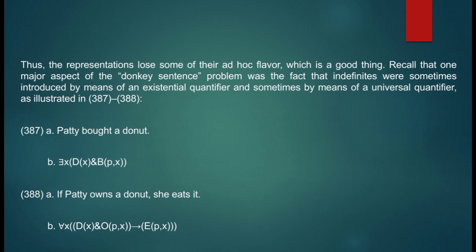The real problem is that in 387, the indefinite a donut is represented by means of an existential, while in 388, it is represented by means of a universal. As a way of representing the sentences in question, this seems fine, but as a way of representing the way we speakers actually understand the sentences in question, it's inadequate.